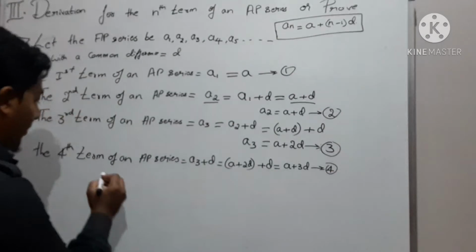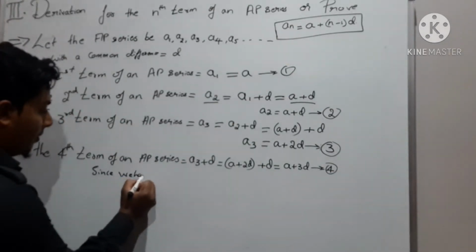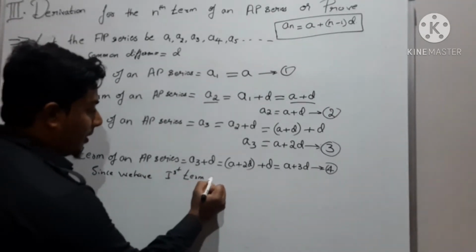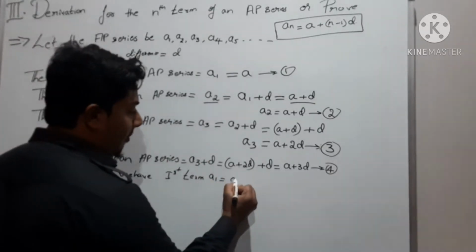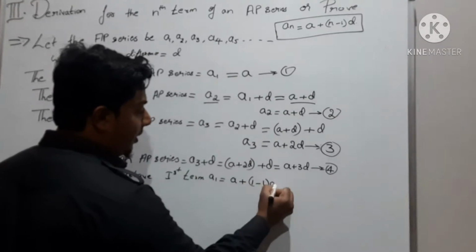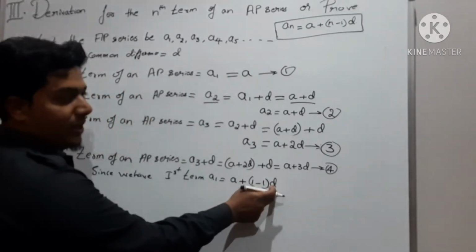Since we have the first term a1 equal to a, we can write it as a plus 1 minus 1 times d. 1 minus 1 is 0, and 0 multiplied by d is 0.